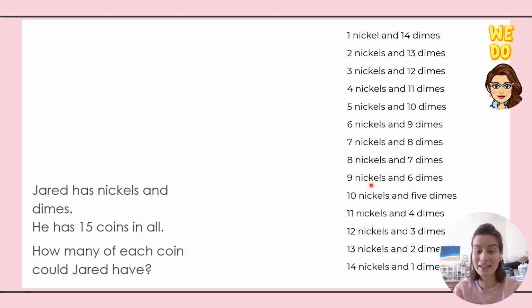I could have 9 nickels and 6 dimes, 10 nickels and 5 dimes, 11 nickels and 4 dimes, 12 nickels and 3 dimes, 13 nickels and 2 dimes, 14 nickels and 1 dime. So this is showing you all the different options of what you could have on your part total table.